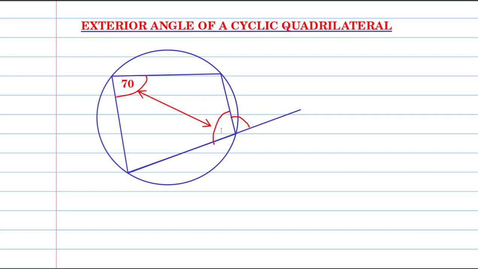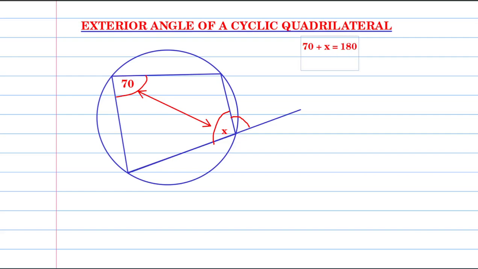So if we put x here, what does this tell us? If we put x, we know that the opposite angles, 70 and x, should give us 180 degrees.